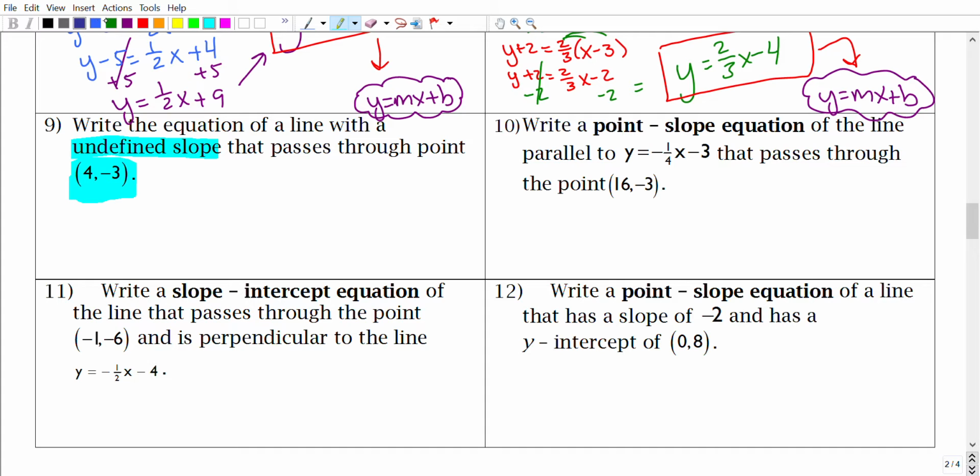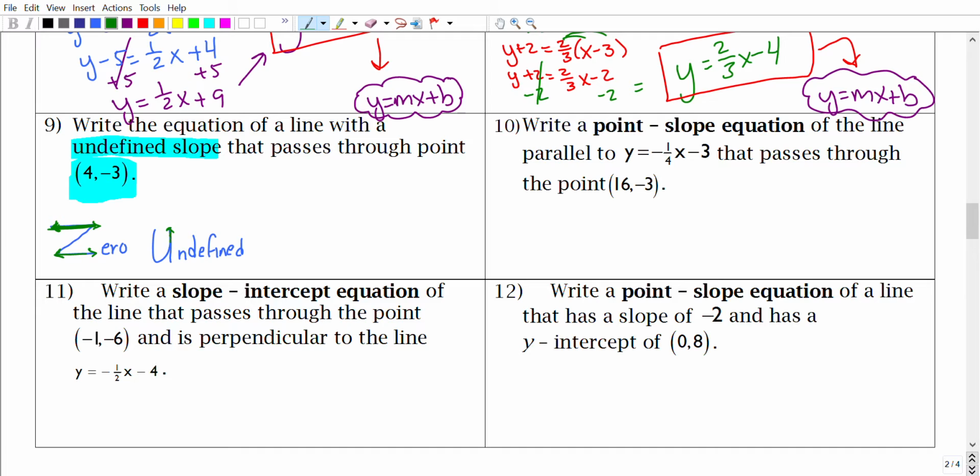So let's remember which lines have an undefined slope. Well, if you guys remember the little trick I showed you, you have these two words, and I capitalized the first letter because this shows me that these lines right here are horizontal.